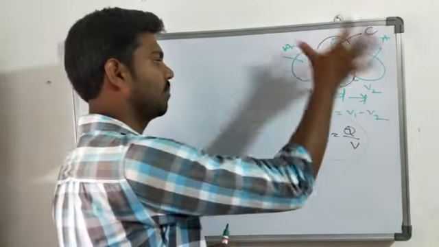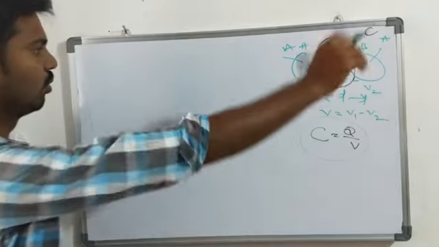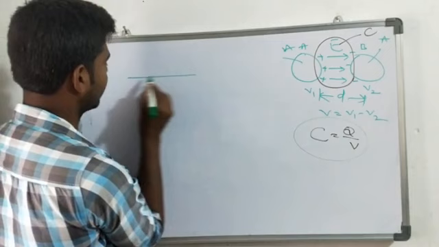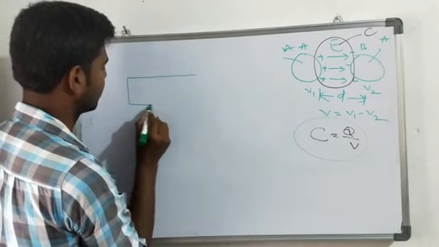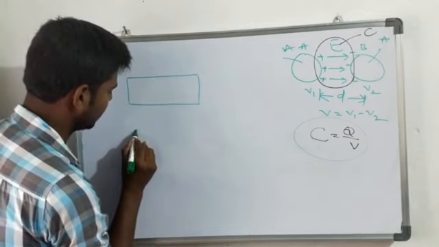If the two are placed in free space, this is one conductor and this is another conductor.